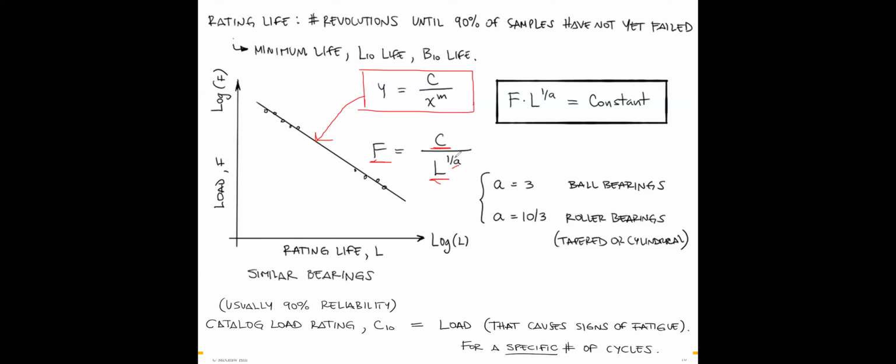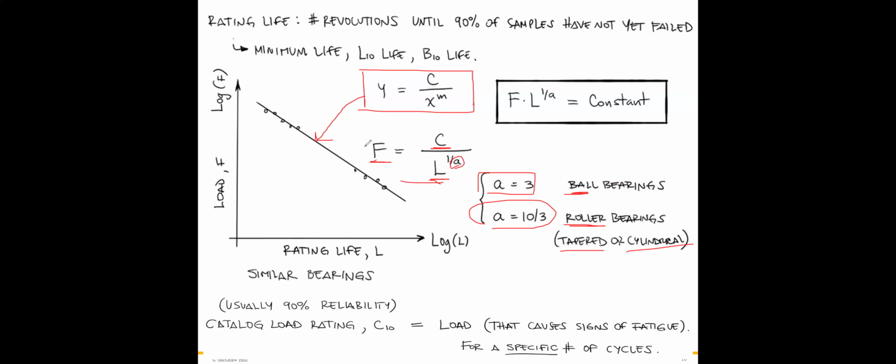And a here is defined by whatever bearing you are using. For the ball bearing, a equals 3. For the roller bearing, either taper or cylindrical, a equals 10/3.